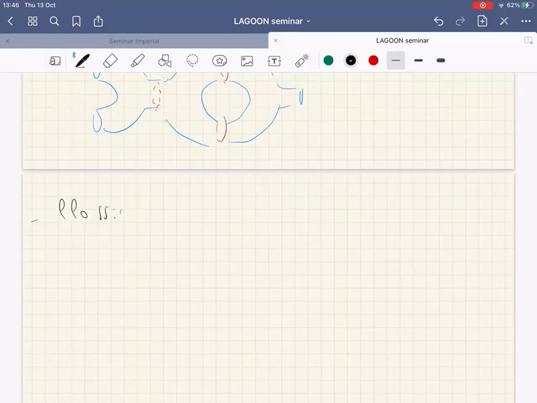So we can prove classical Hori-Vafa homological mirror symmetry exploiting this local to global principle.